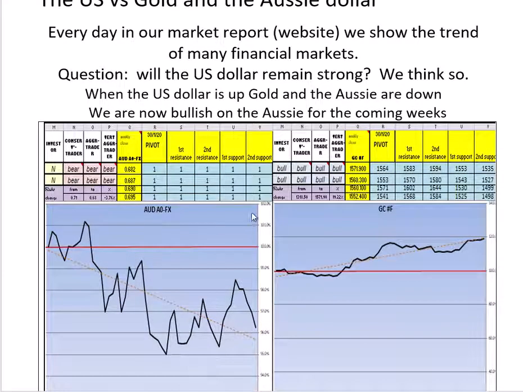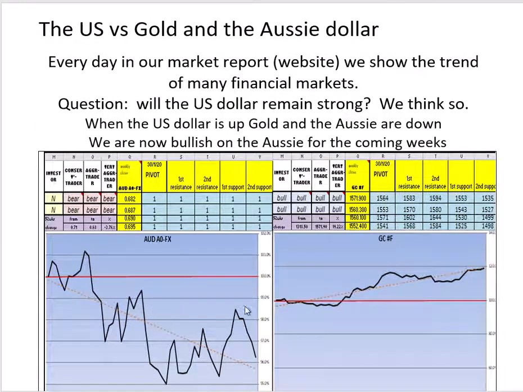Here we also give you a perspective on the Australian dollar versus gold. If you look at the Australian dollar, there is a bearish momentum here, and gold, a few months ago, was trading below 1500 and recently is trading around 1572 US per ounce, which obviously is a bullish indicator.